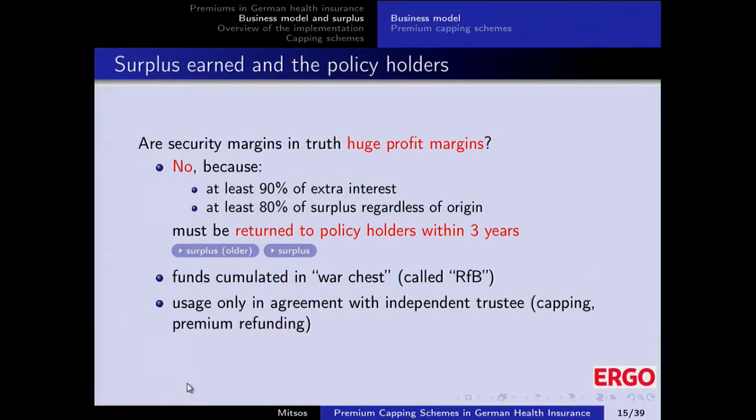It may be used only in agreement with the independent trustee, but there is no law saying you have to use it on this day and for this person. The two usual ways to use it are direct premium refunding for people who had no claims in the past year, and capping. These are the capping schemes we'll come to.